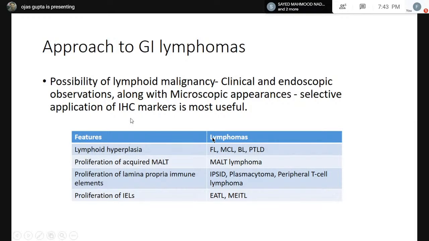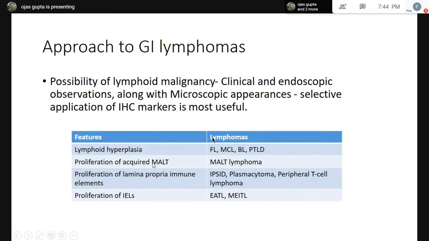Also, IHC markers play a very important role in the diagnosis of GI lymphomas. We can divide the GI lymphomas based on what structures they are involving in the GI tract. For example, if there is lymphoid hyperplasia, the lymphomas which can be seen are follicular lymphoma, mantle cell lymphoma, Burkitt lymphoma, or PTLD.